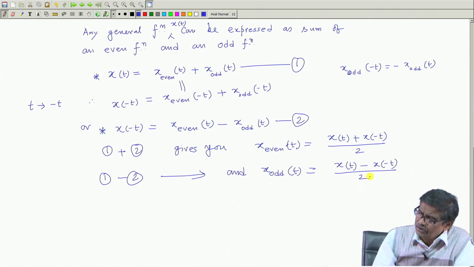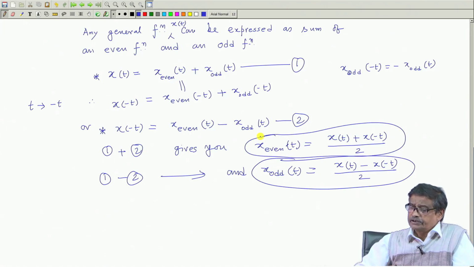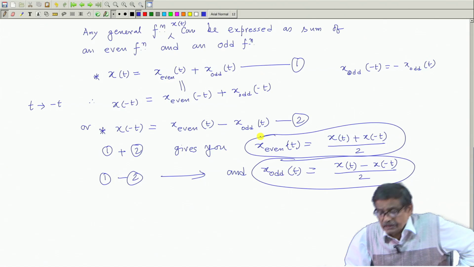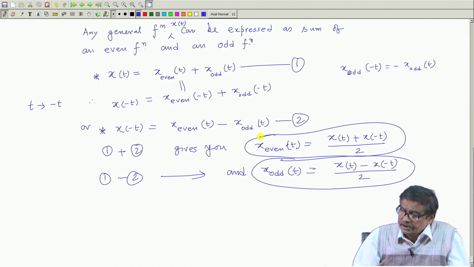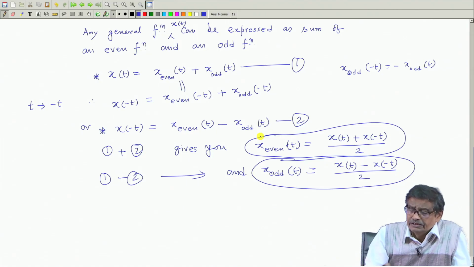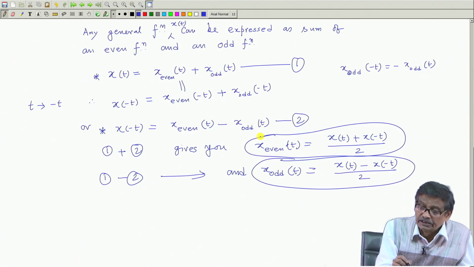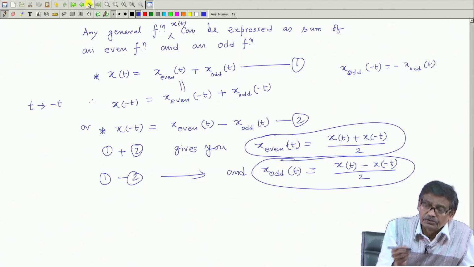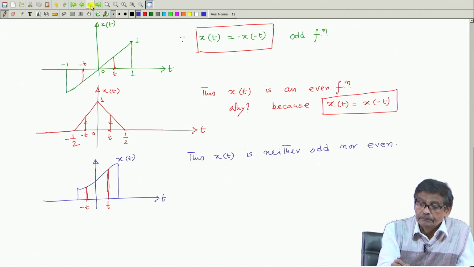Very useful results, these two are. Therefore, given any function, I can find out the even and odd part very easily. Now, why did I spend so much time on this? Because of this fact.